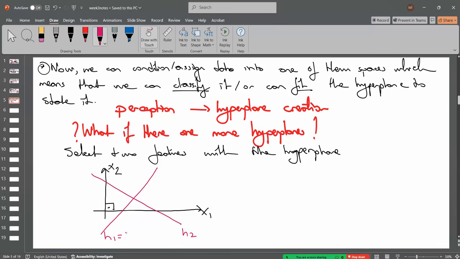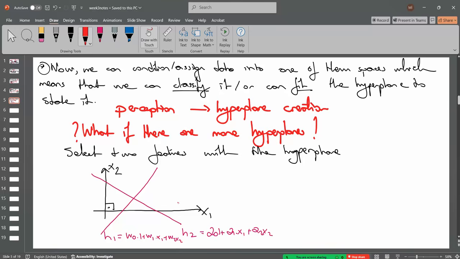For example, this h1 is given by w0 times 1, plus w1 x1 plus w2 x2. This h2 is equal to theta 0, for example another coefficient in here, times 1, plus theta 1 x1 plus theta 2 x2. Okay? But just see that we have two hyperplanes in here with different orientations. And so, how can we divide the whole space in this case? The number of spaces is different.